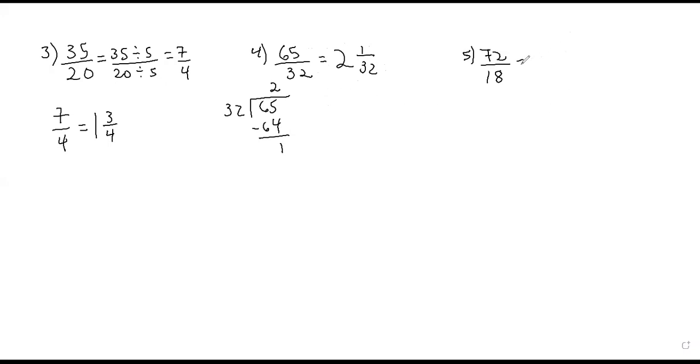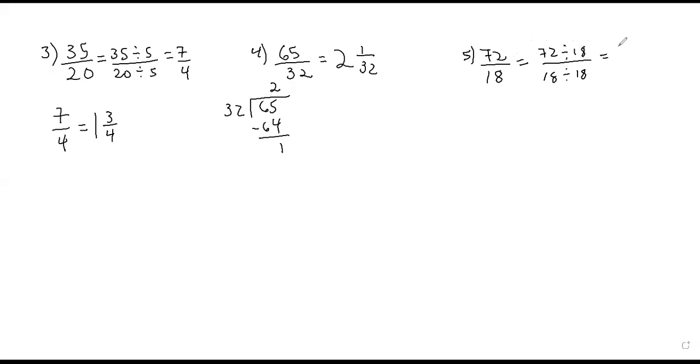Let's do the next one. We can divide by 18. 72 divided by 18, and 18 divided by 18. What I do in the numerator must be done in the denominator.